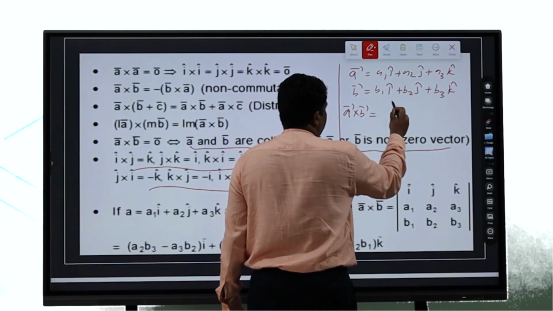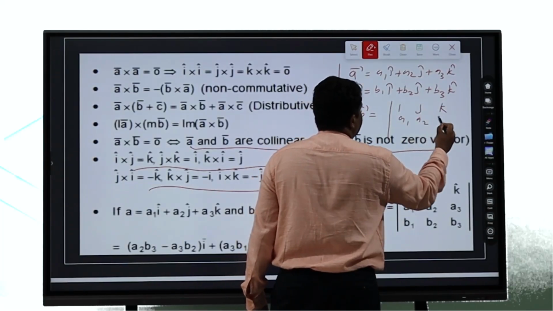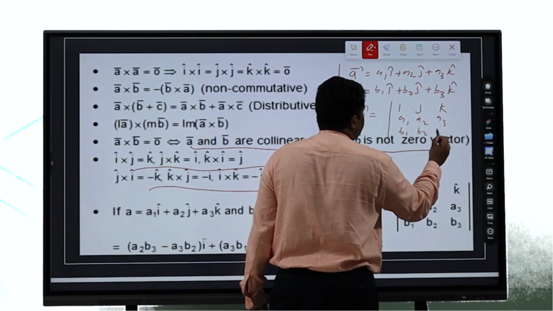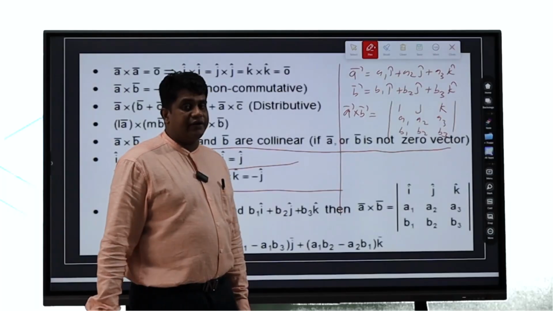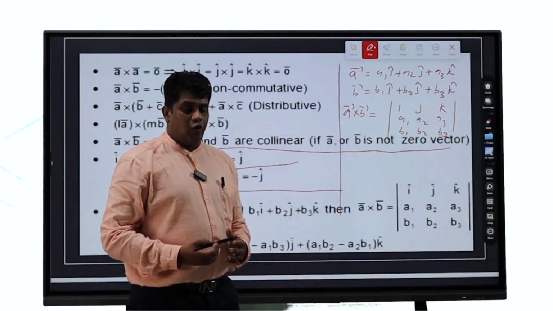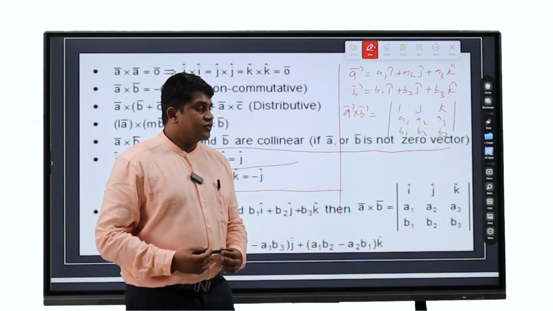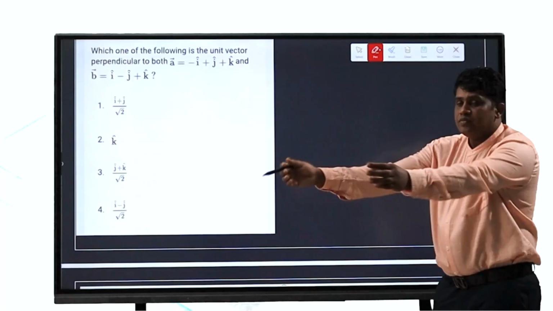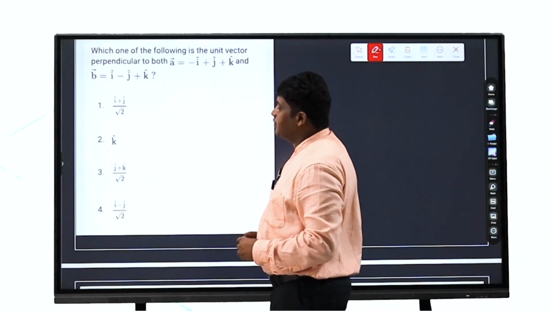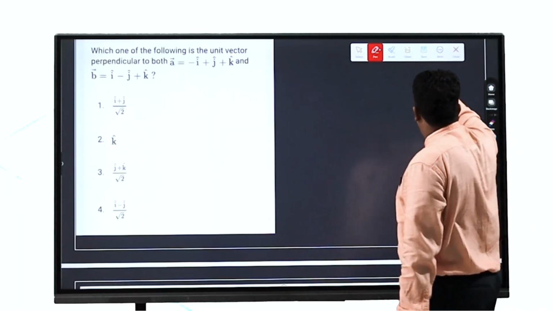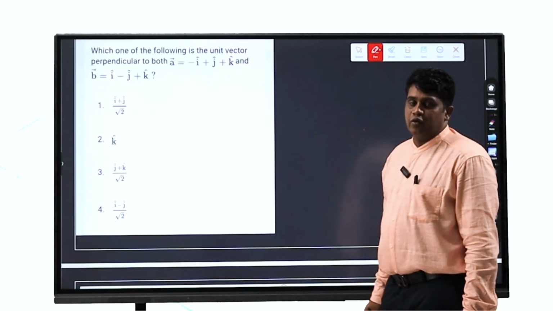A cross b is equal to the determinant with rows i j k, a1 a2 a3, b1 b2 b3. If we solve this determinant, we will get a vector. The result of a cross product is always a vector. The result of dot product is always a scalar. Which one of the following is a unit vector perpendicular to A and B? The vector perpendicular to A and B is A cross B.